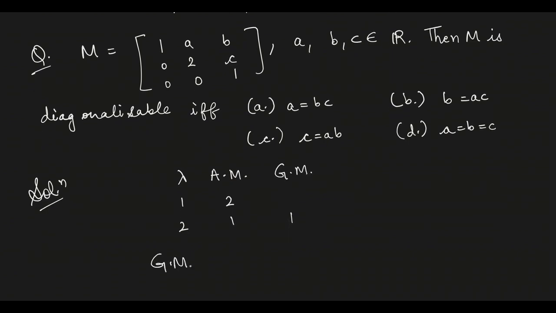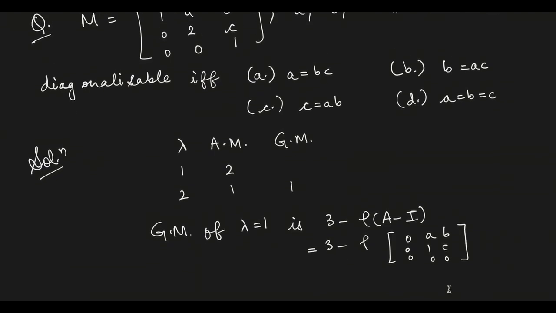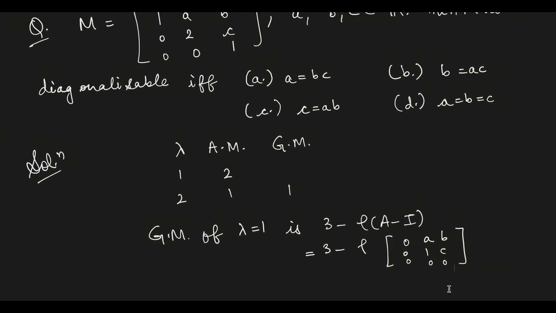GM of lambda equal to 1. And I want that it should be diagonalizable. So option D is simple.